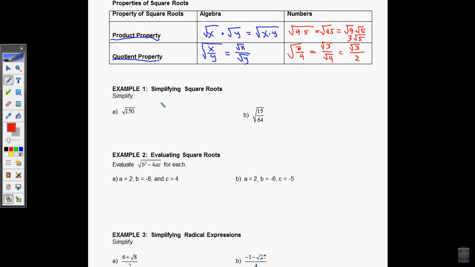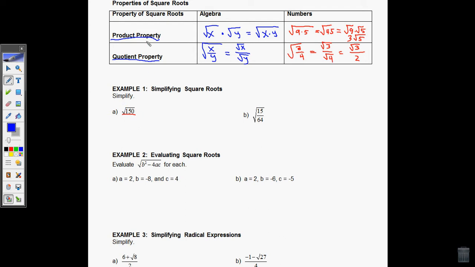Example 1, we're just going to be simplifying. Now, how am I supposed to take the square root of 150? I don't know what the square root of 150 is. Maybe I know what the square root of 100 is, right? Because it's just 10 times 10, so the square root of 100 would be 10. But 150, not so much.